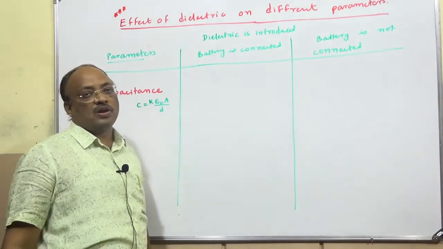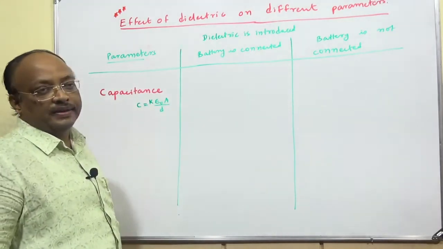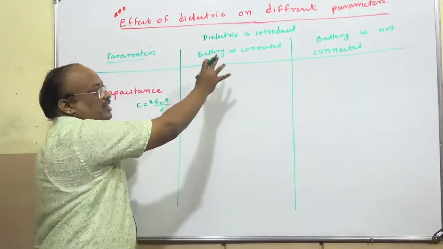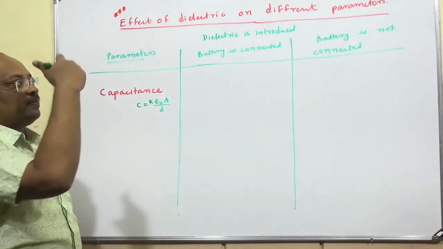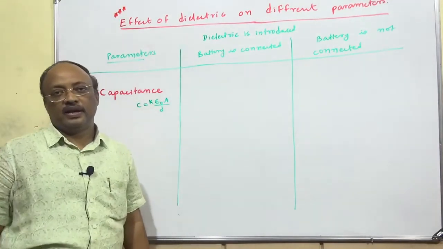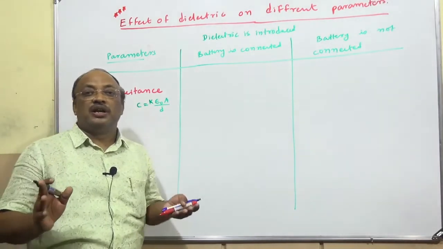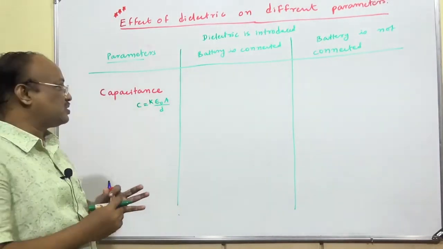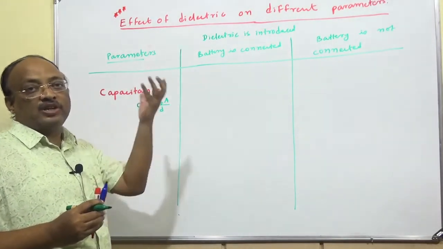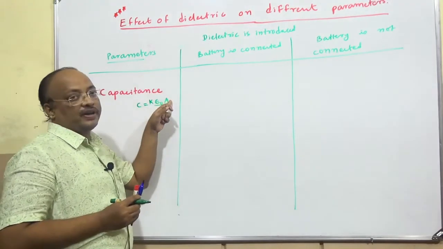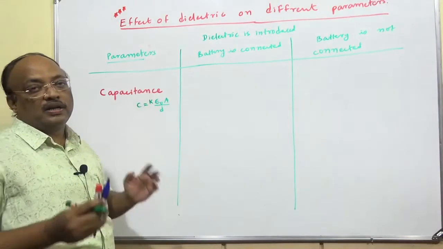K times epsilon naught A by D. So, whether the battery is connected or not connected, the capacitance of the capacitor does not change because it depends on the area, on the separation between the two conductors.